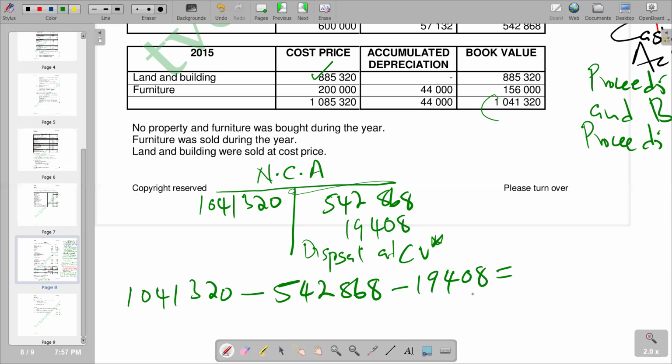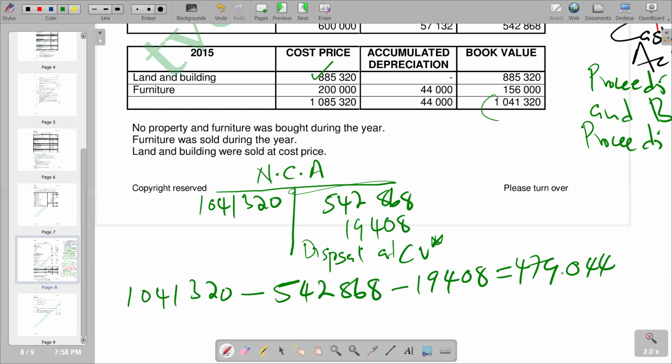So we calculate it like that, and the answer that we are going to get is 479,044.